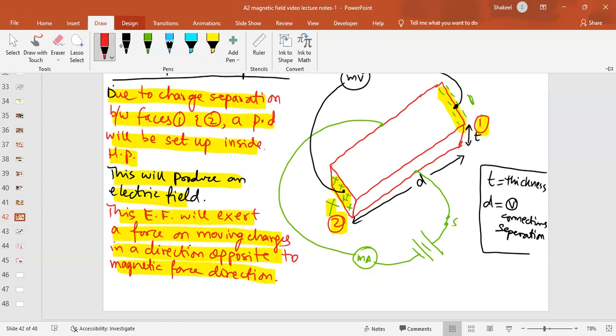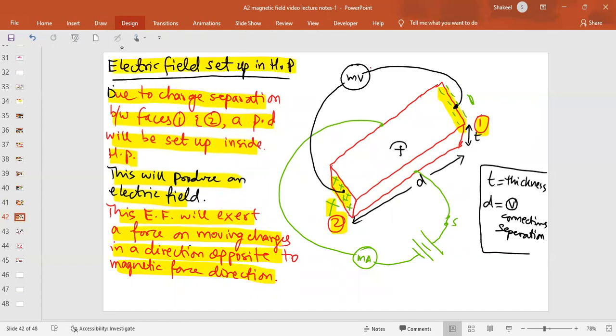So let me tell you one thing. Let's say there is a positive charge coming from this wire and it intends to go to the other side, but a magnetic force is acting this way. But as an electric field is also set up, the electric field will exert a force on this charge in the opposite direction.